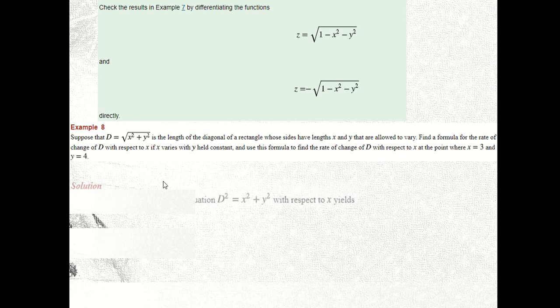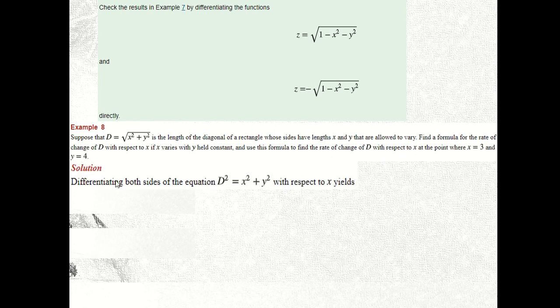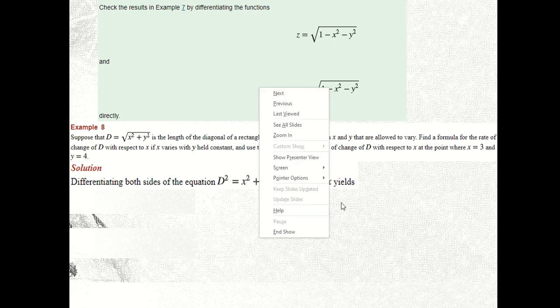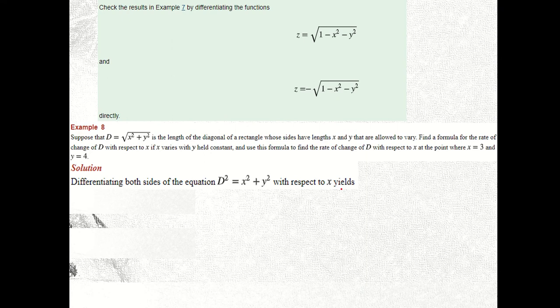Okay, for our solution, differentiating both sides of the equation implicitly, right? So we just transform it to what we did here. We take the square on both sides of this equation.